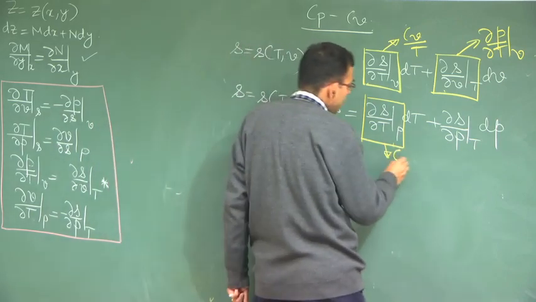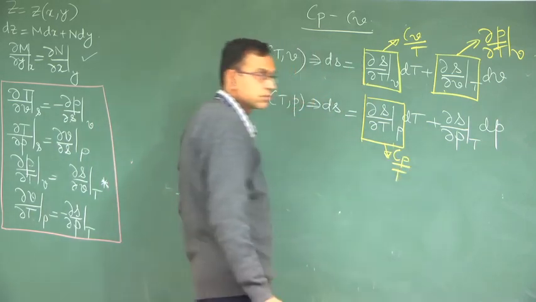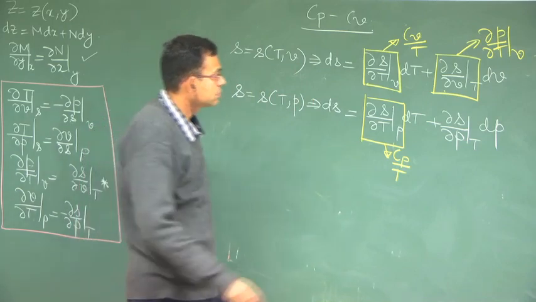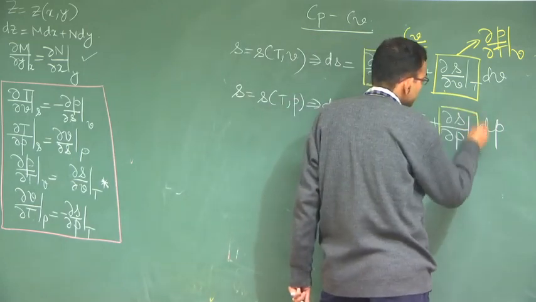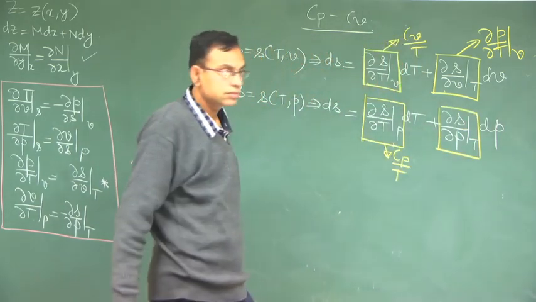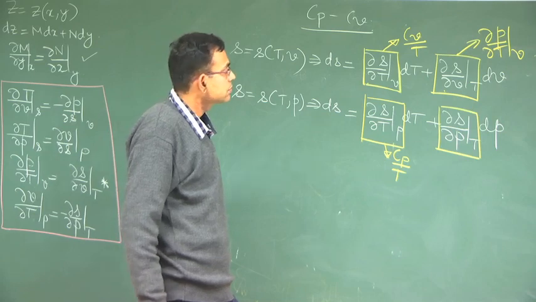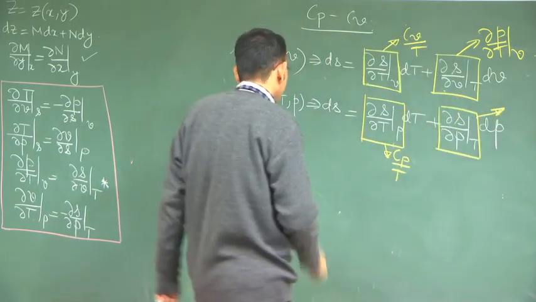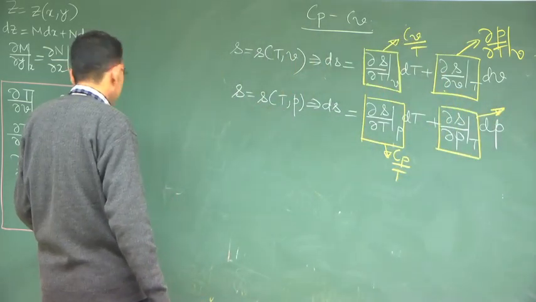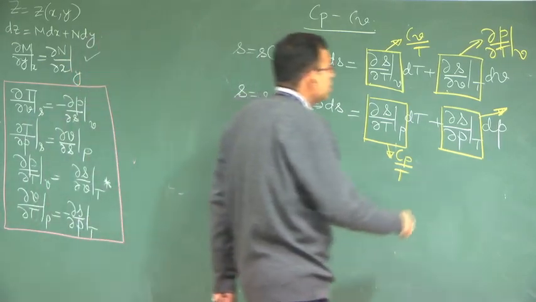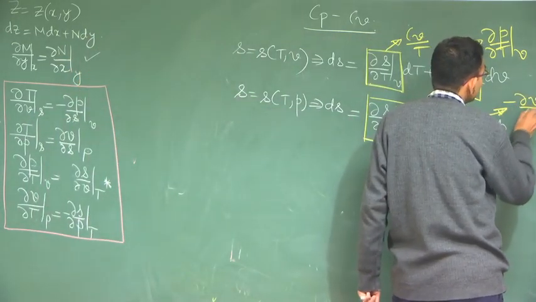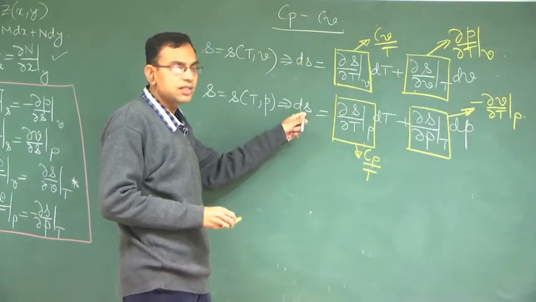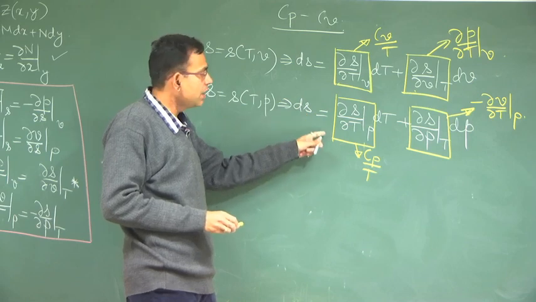This we have just now derived is Cp by T. And this one from one of the Maxwell relationships, del S del P at constant temperature is minus del V del T at constant pressure. Now, this is dS, this is also dS, so they can be equated.